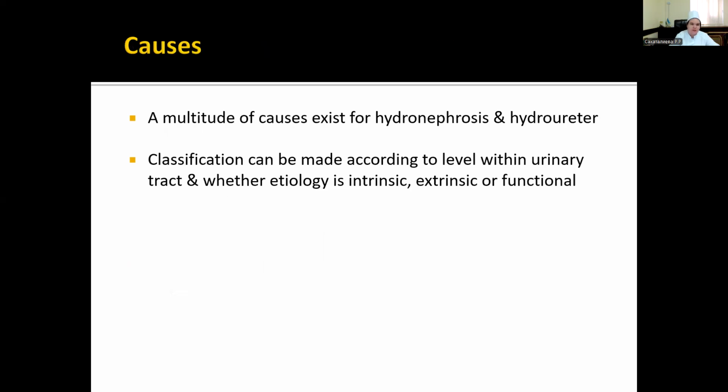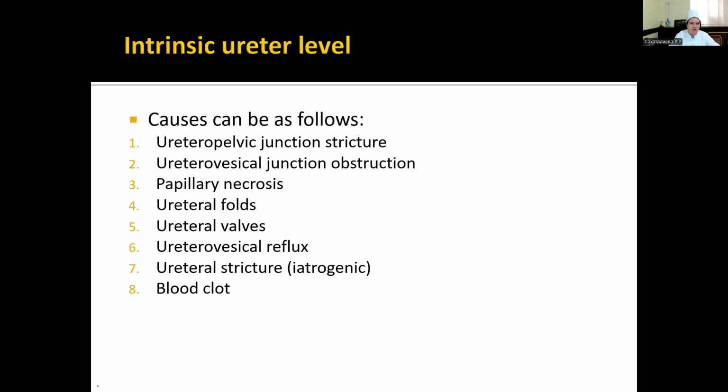Causes. A multitude of causes exist for hydronephrosis and hydroureter. Classification can be made according to the level within the urinary tract and whether the etiology is intrinsic, extrinsic, or functional. Intrinsic ureteral level causes can be as follows: ureteropelvic junction stricture, vesicoureteral junction obstruction, papillary necrosis, ureteral valves, ureterovesical reflux, ureteral stricture, iatrogenic causes, and blood clot.